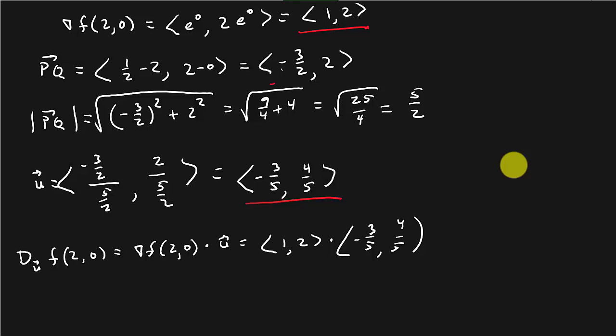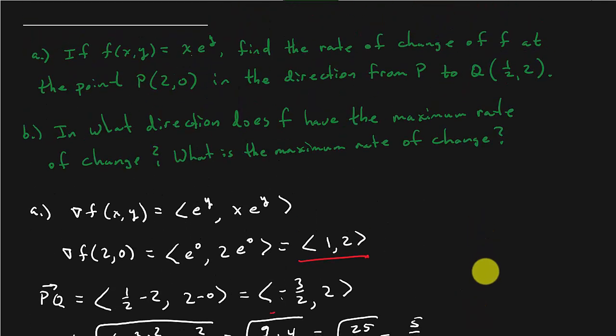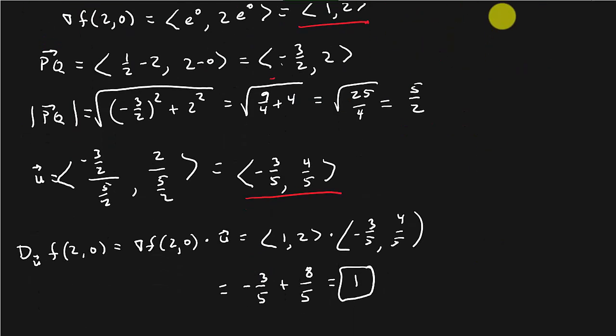This gives me -3/5 plus 8/5, which is 1. All right, so that's part A. It says find the rate of change at that point from point P to point Q. So the rate of change is 1.